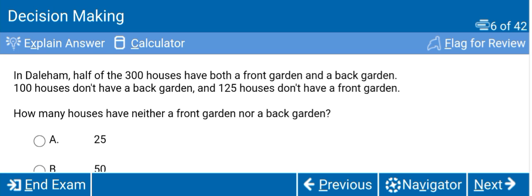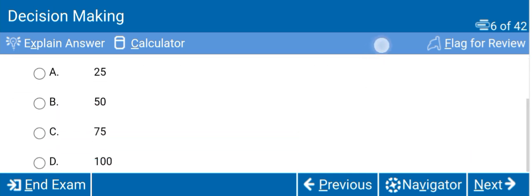So how many houses have neither a front garden nor a back garden? So here we have option A, that is 25, option B 50, option C 75, option D 100. So here we have these 4 options.